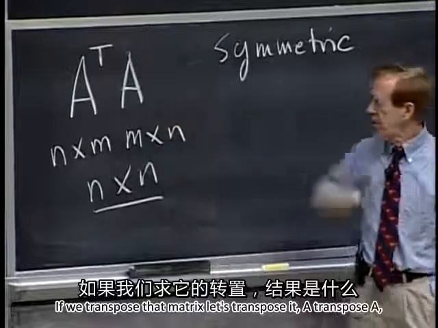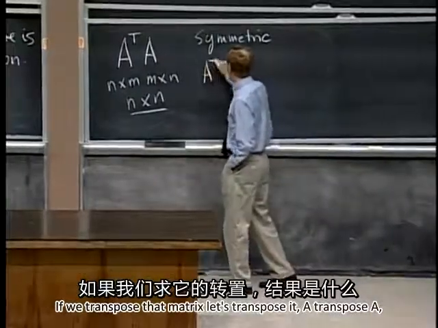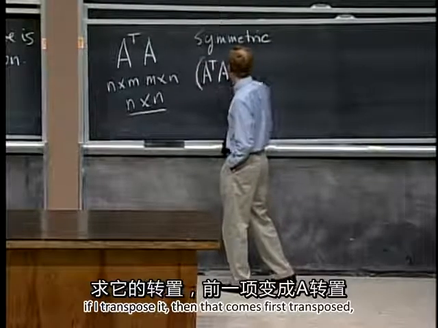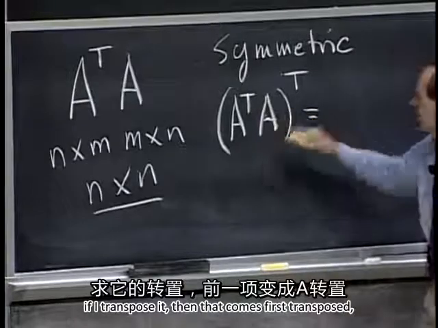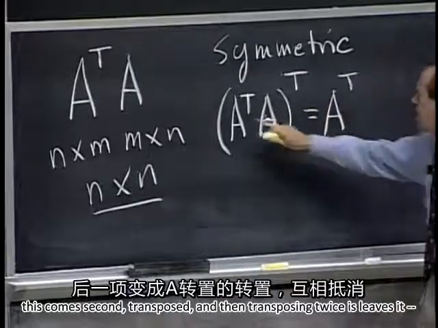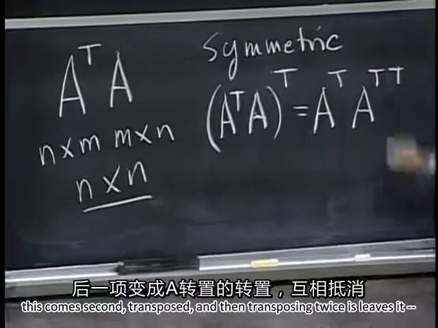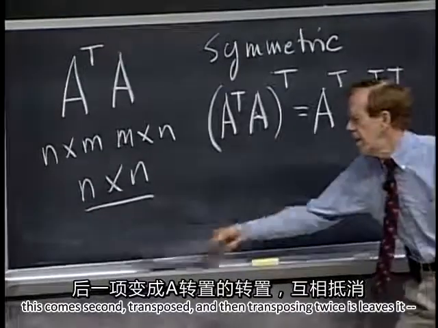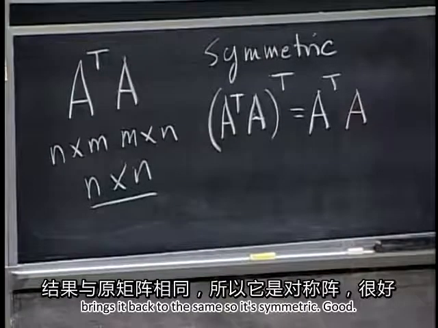If we transpose that matrix, A transpose A, then that comes first, transposed, this comes second, transposed. And then transposing twice brings it back to the same, so it's symmetric.